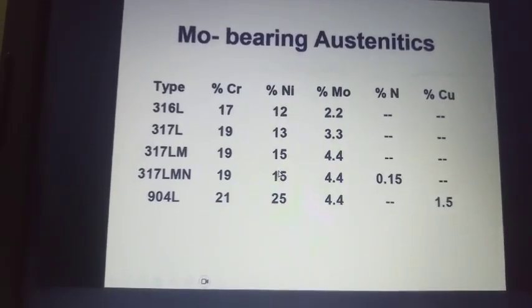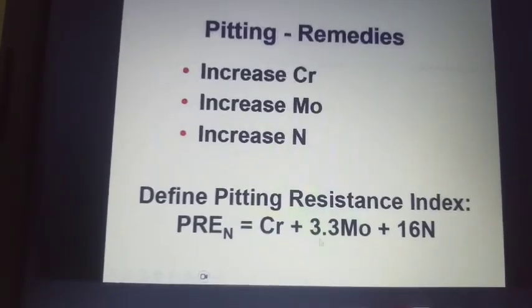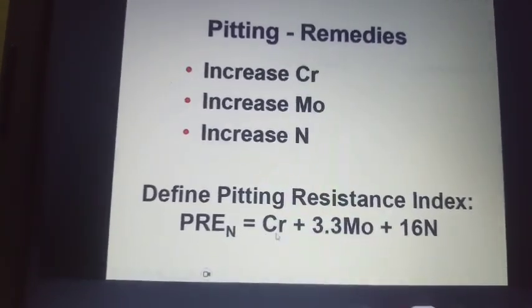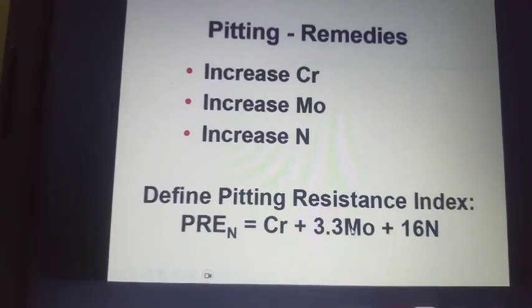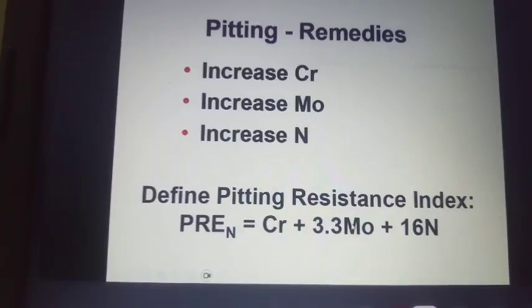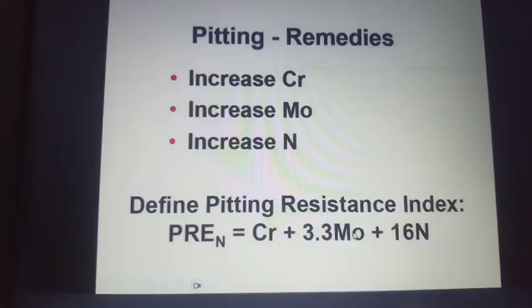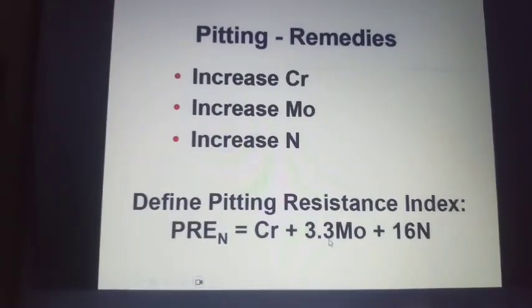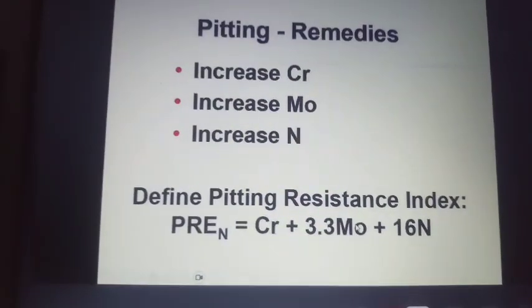So molybdenum bearing austenitics: if you have 16% chromium, the chromium is 16. If your moly is 3, it is multiplied by 3.3, so 3.3 into 3 becomes 9. So moly is also very good. If you add even moly in lower content, it is multiplied by 3.3 times, so it gives very good pitting resistance.